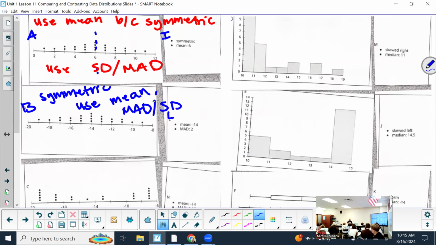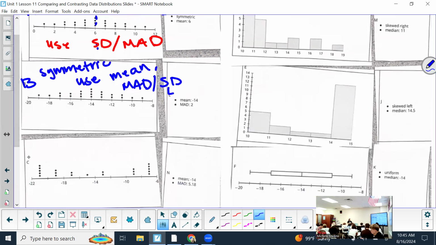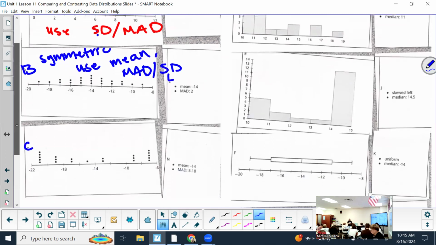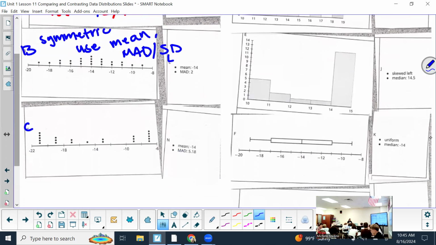All right, next one. Data set C. Does that data look symmetric? If I were to draw a line of symmetry down the middle, does it look like a mirror image on both sides? Not perfectly. From here to here, it is more spread out.